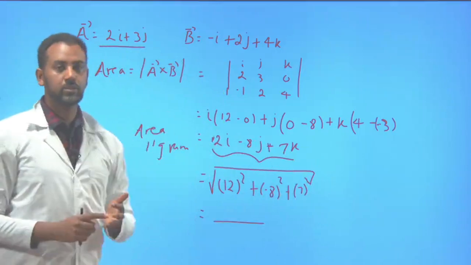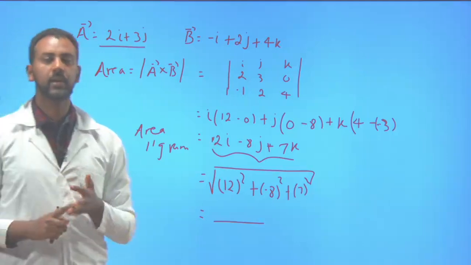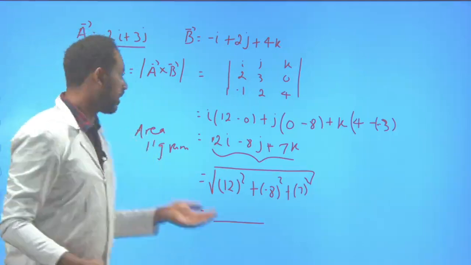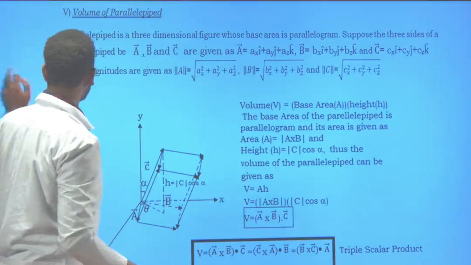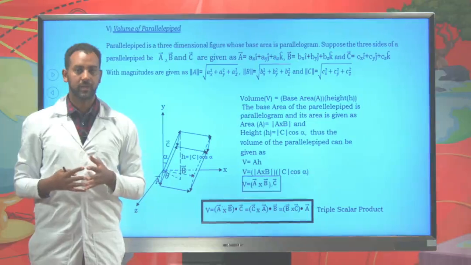So one of the applications of vectors is to find the scalar projection, the other is orthogonality of vectors, and the other is the area of a parallelogram. And at last, it's possible to find the volume of a parallelepiped.